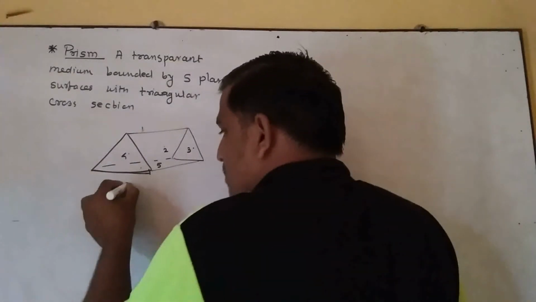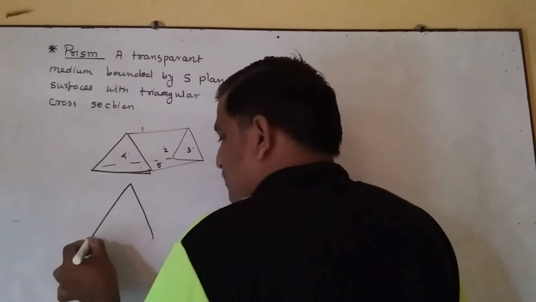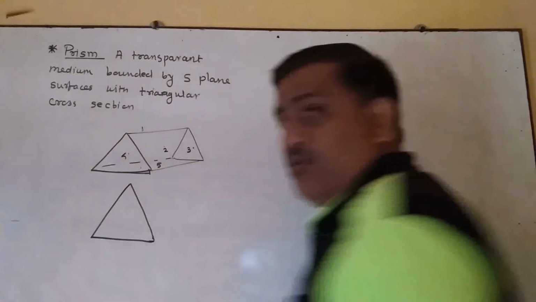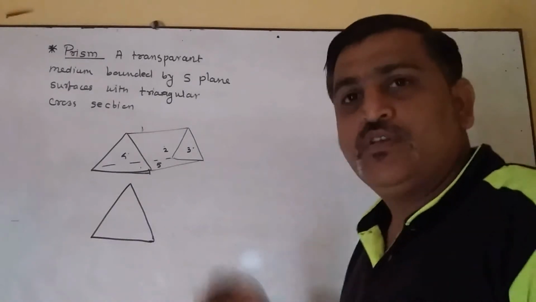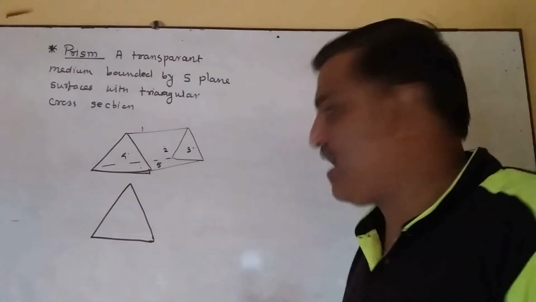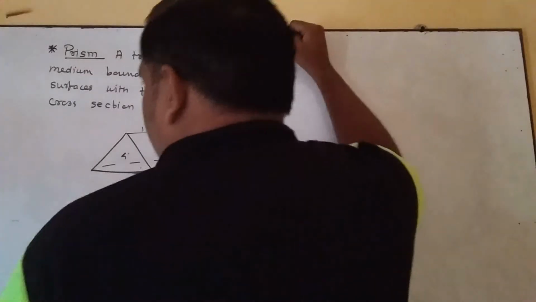While studying refraction through this prism, we just take this cross section and allow the incident ray to fall on it, and we will study how the refraction at the 2 faces of the prism happens, right?